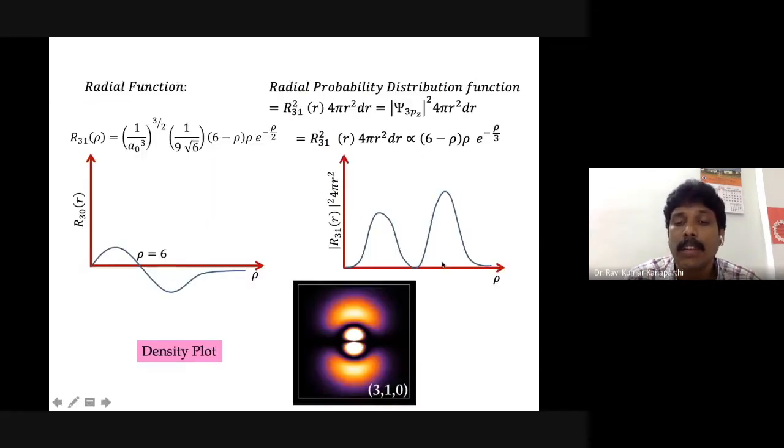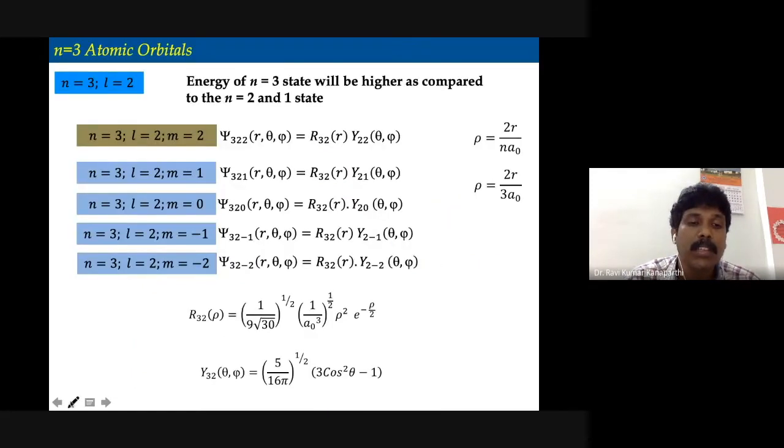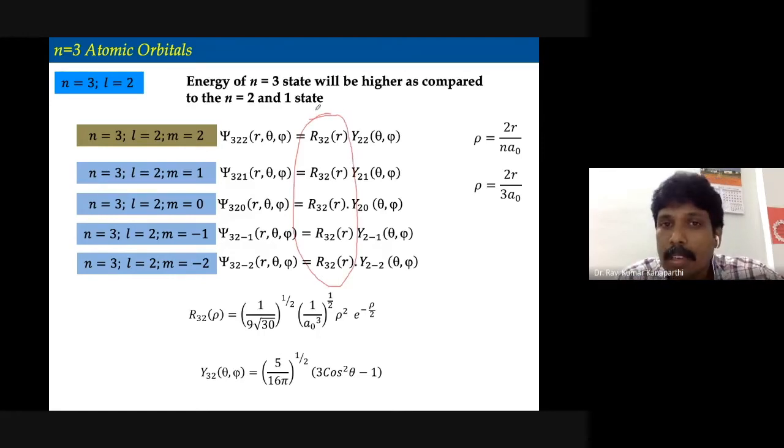Why they have different shapes is essentially because the radial function, R32 of R, is the same for all the d orbitals. But in spherical harmonics, we just look at Y22. If L is equal to 2, M is equal to 2, Y22. If L is equal to 2, M is equal to 1, Y21.